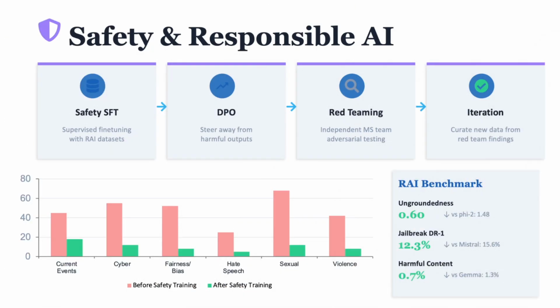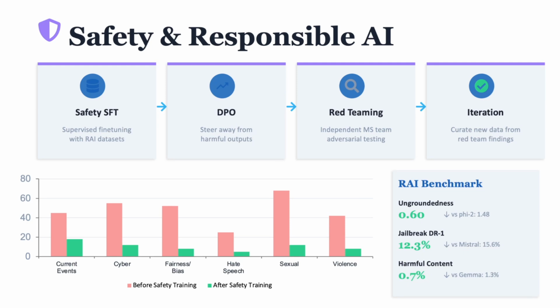Safety alignment was also a major focus in Phi 3.5. The process was iterative. First, supervised fine-tuning on responsible AI data, then direct preference optimization to reduce harmful outputs, followed by adversarial red team testing to uncover remaining vulnerabilities.